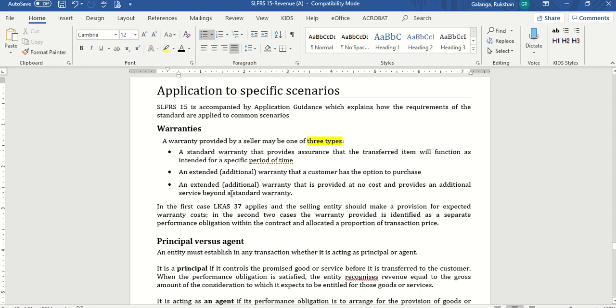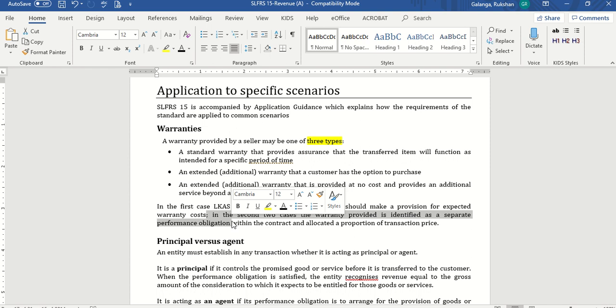But remember, in the second and third scenarios, the warranty provided is identified as a separate performance obligation. Remember why? The customer has the option to purchase additionally, or in the other case they are giving an additional amount. So it is also like a separate performance obligation.